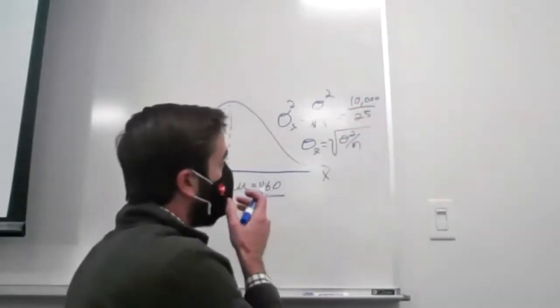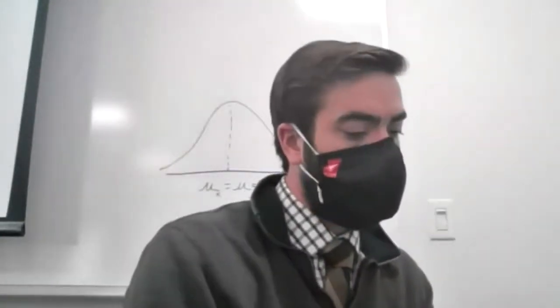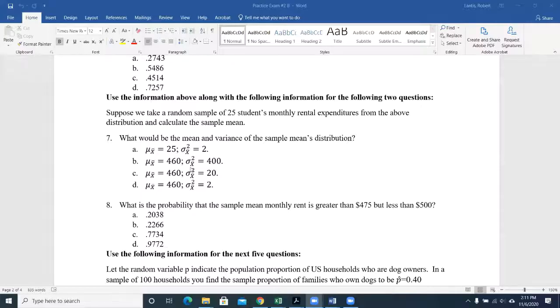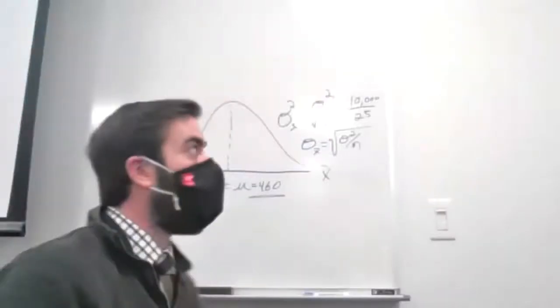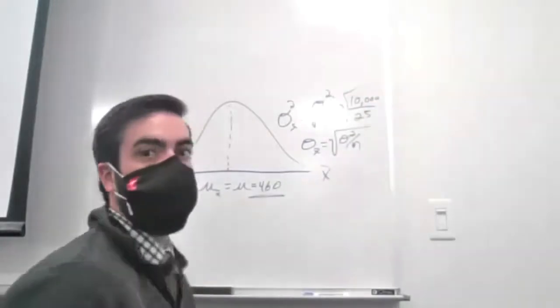So 4 times 10, so 40, 400? Yeah, 400. Double checking my math here. So we'll get a variance of 400, and then we had that mean of 460. The only other thing I could do differently here is ask you for the standard deviation, in which case you would have done this the exact same way, just when you got to this point, you would have then also taken the square root.